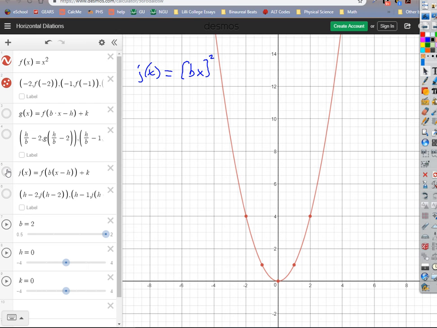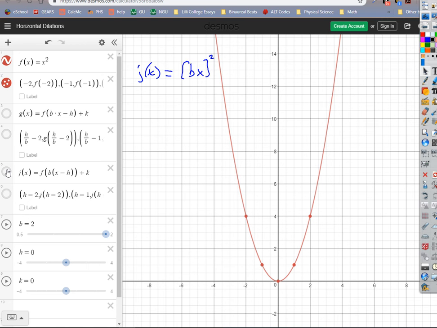Okay, but now let's compare this. Let's try to make an analogy here. When we added a number outside of the function, that amounted to what? Like the k is what? What would we call that? Vertical shift or translation, right?